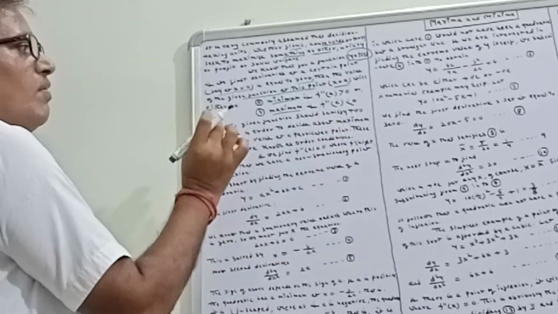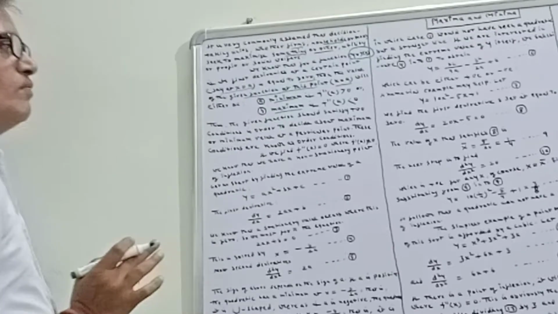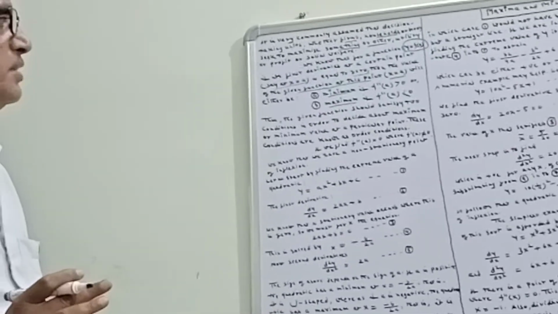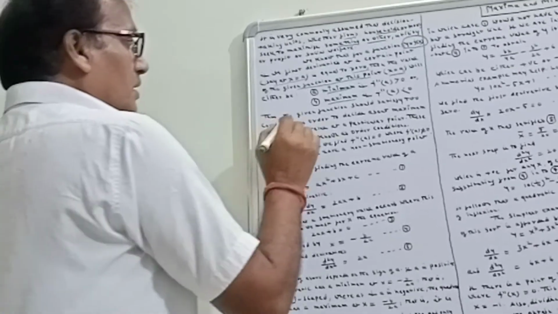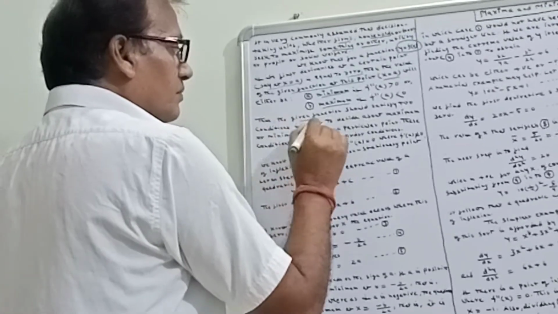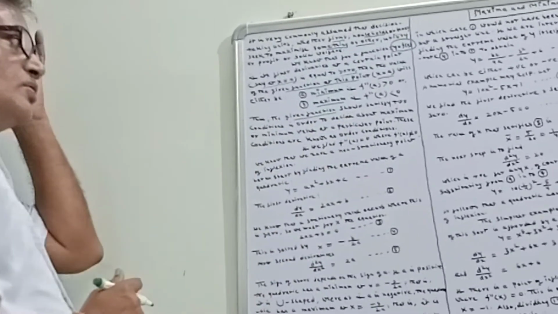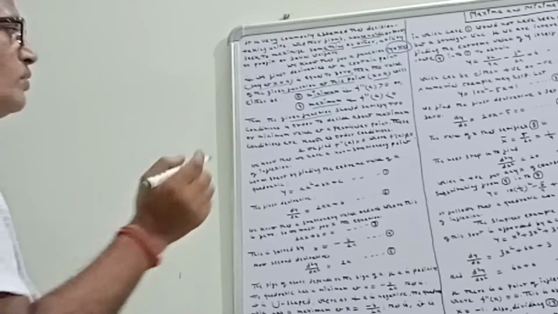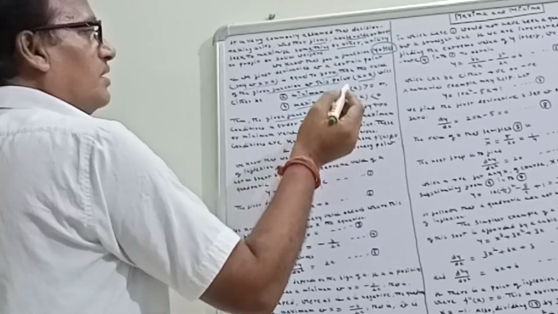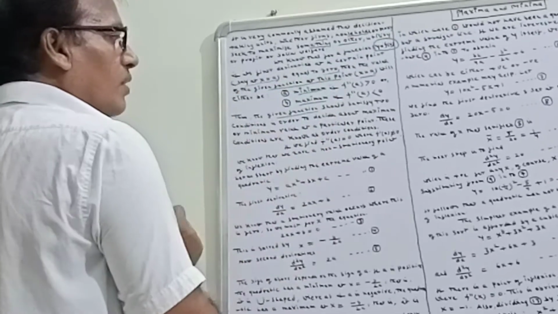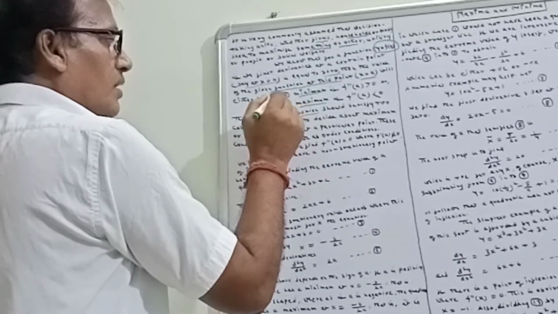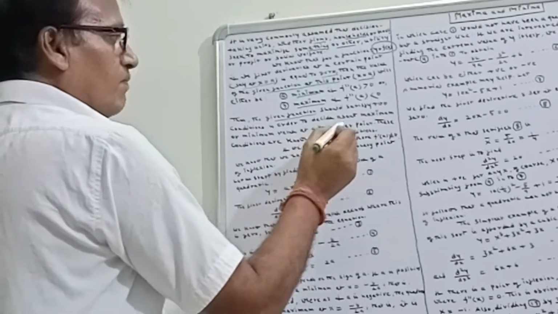This is the conditions for minimum and maximum. Thus, the given function should satisfy two conditions. First condition, derivative equal to 0, and second, either this one or this one.